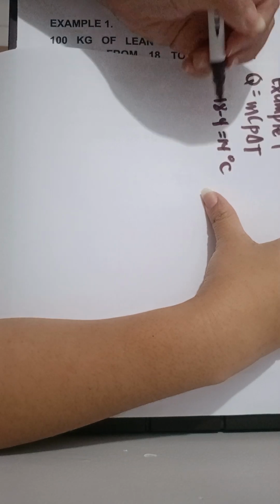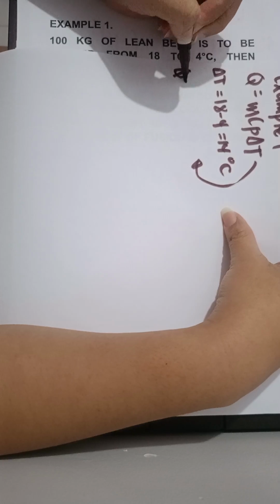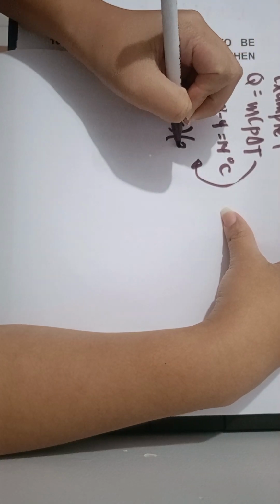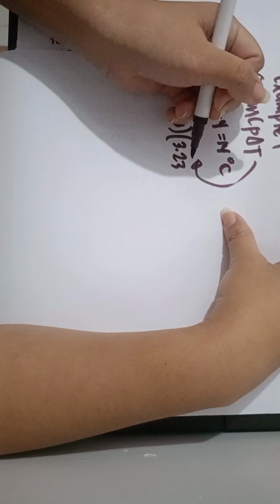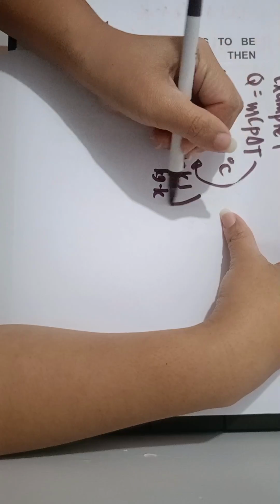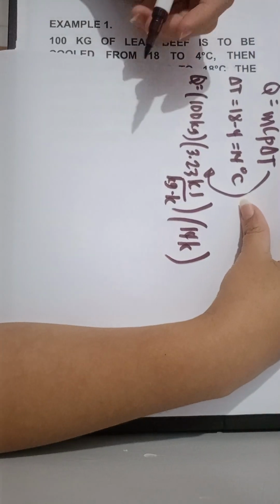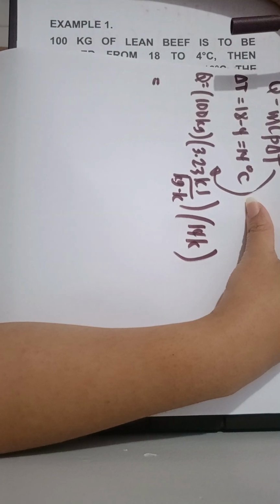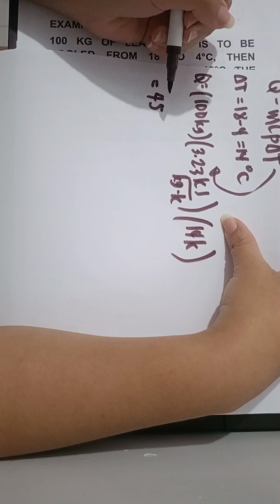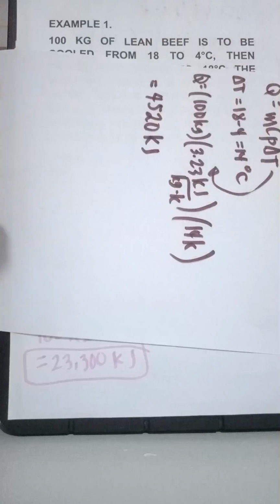The value in this formula is Q equals 100 kilogram multiplied by 3.23 kilojoule per kilogram Kelvin, and the temperature of 14 Kelvin. So, our answer earlier is 4,520 kilojoule. Why did it become kilojoule?